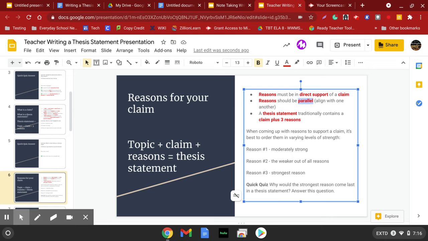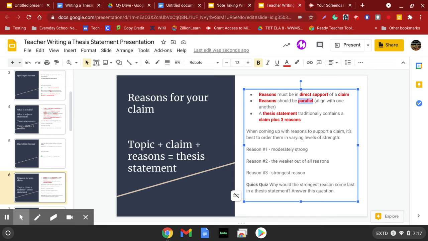A thesis statement traditionally contains a claim plus 3 reasons. Now, when we did the American Revolution, we only did 2, but typically it's 3. When coming up with reasons to support a claim, it's best to order them in varying levels of strength.